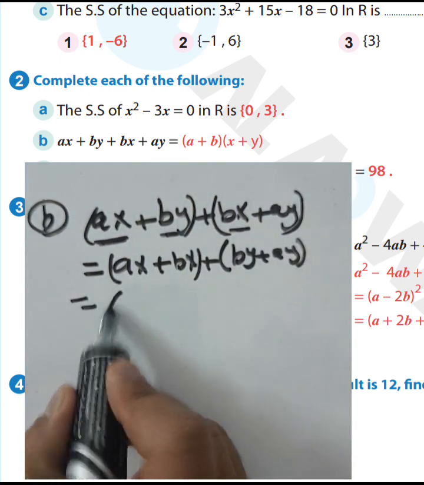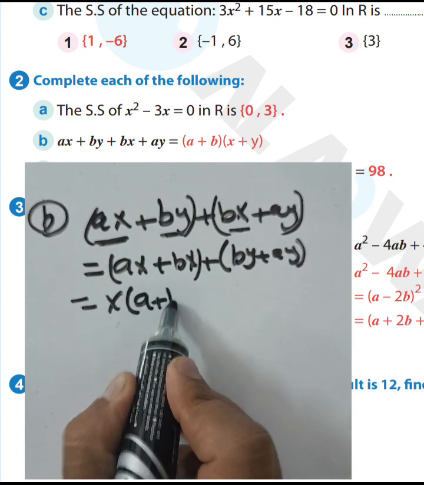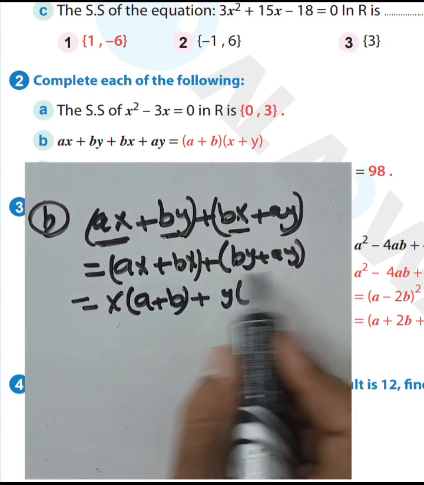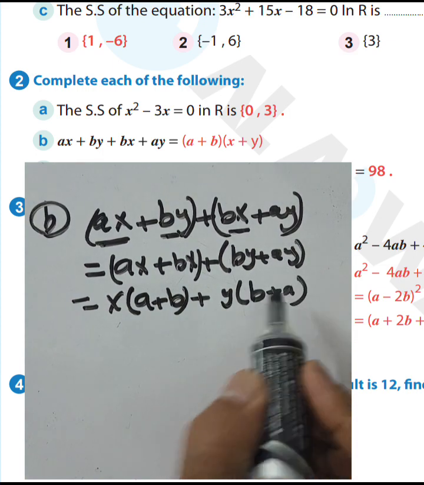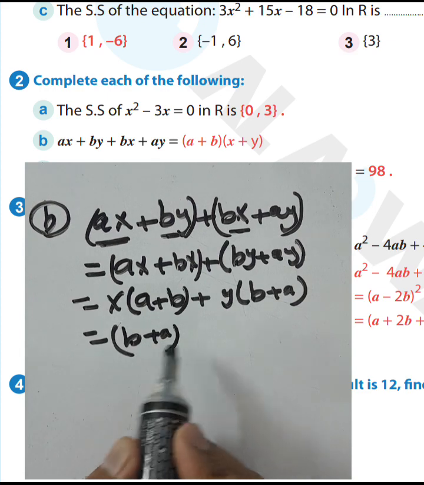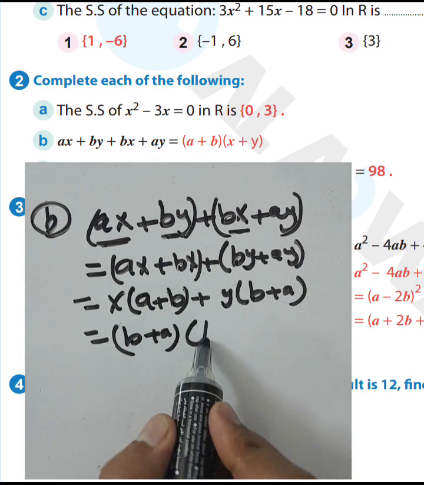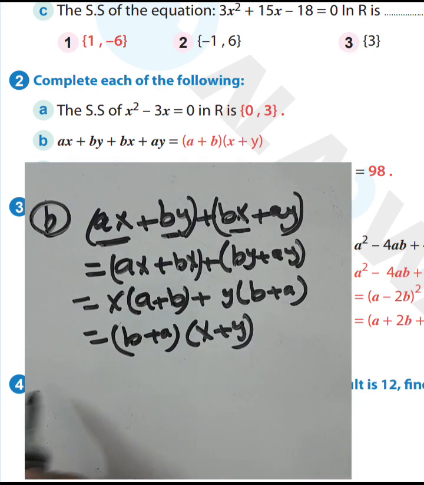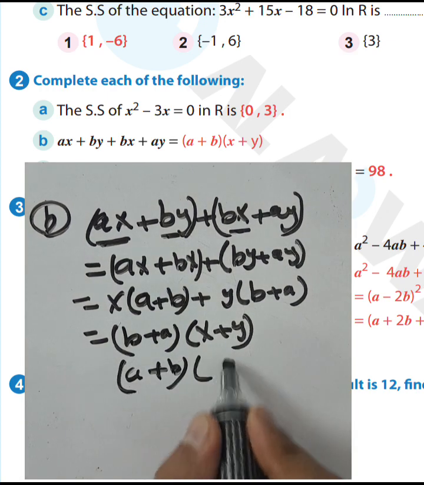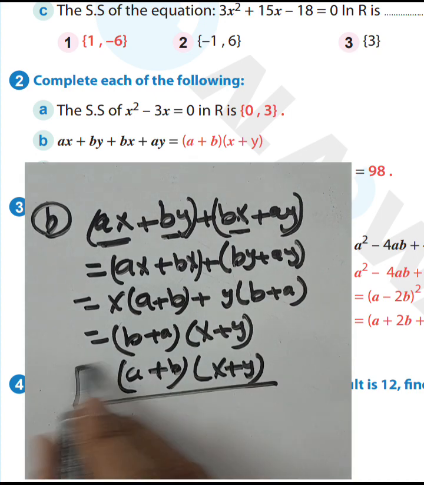Write the highest common factor x between them, with the remainder a plus b, and here write y as the highest common factor, with b plus a. Then repeating b plus a outside, and the remainder here is x plus y. Then the result you must write is a plus b multiplied by x plus y.